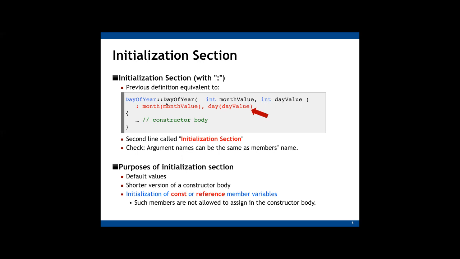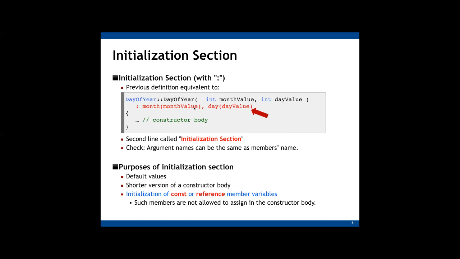So we can separate initialization statements and the validation code. Another reason for using the initialization section is that we can initialize const or reference member variables in the initialization section. They cannot be initialized inside of the constructor body. They can only be initialized in the initialization section. So these are the reasons for using initialization sections.